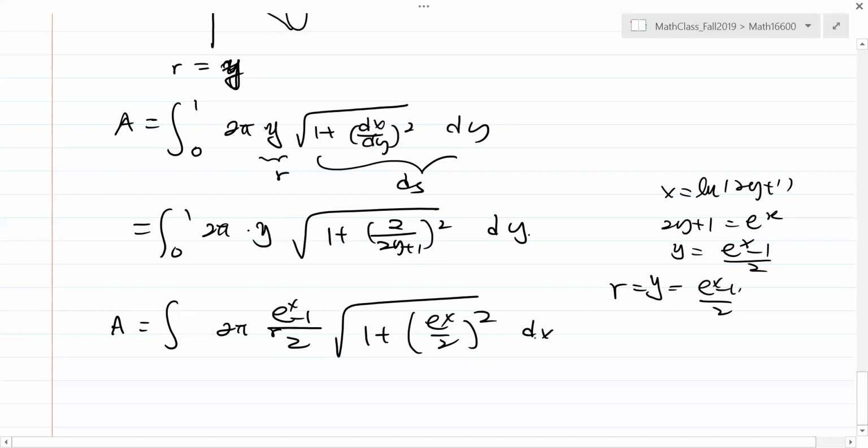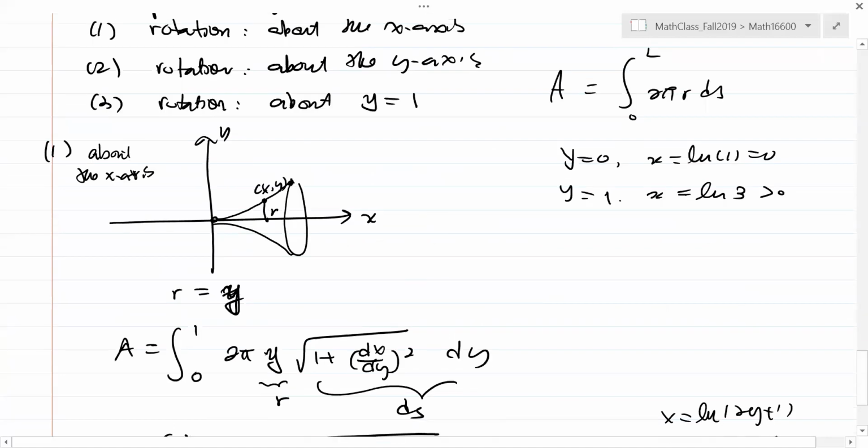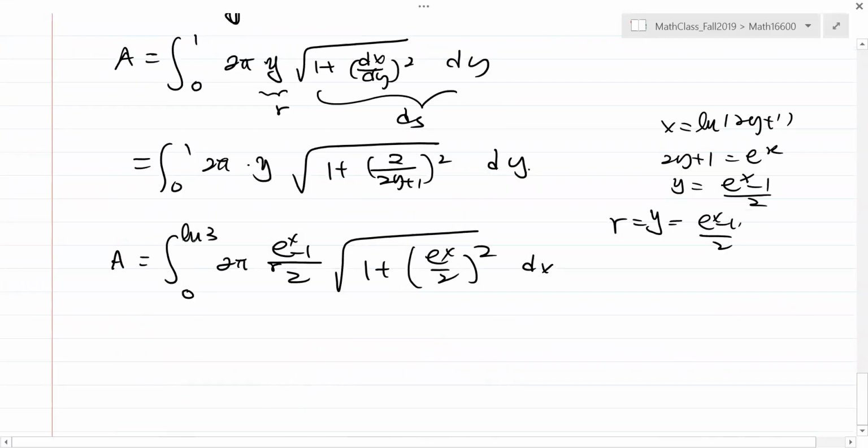So this is another integral, but I have to determine the domain for the x variable. I already did that, right? The domain for the x variable is on the top. When y equals 0, x equals 0. When y equals 1, x equals the natural log of 3. Okay. So there are 2 different integrals for the same surface, for the area of the same surface.